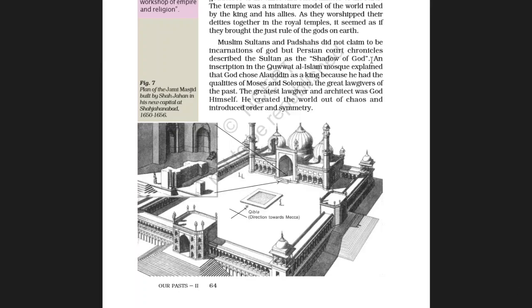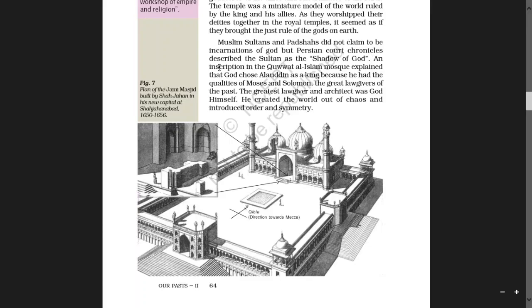Incarnation is most important here, meaning spirit or quality like that of God. But Persian court chronicles describe their Sultan as the shadow of God.